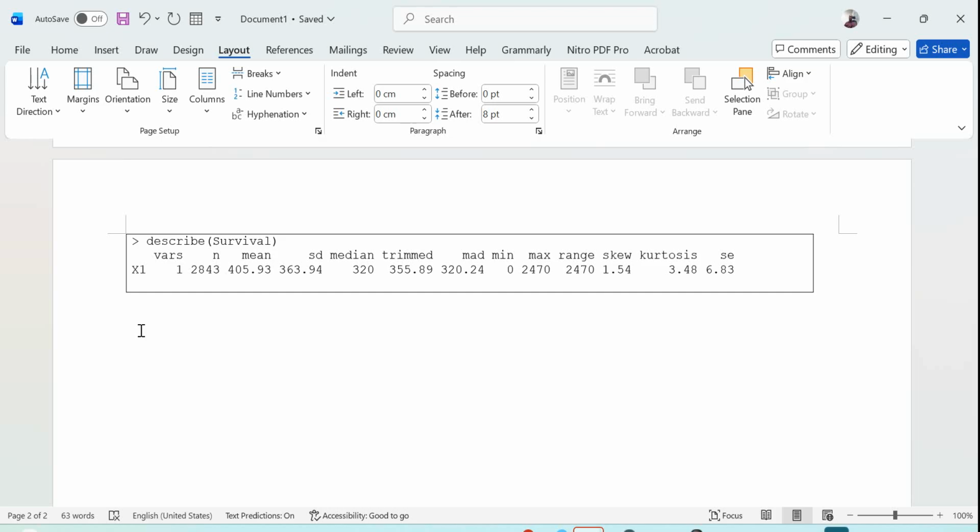So for example, I can say that the minimum value of 0, minimum survival time of 0, indicates that some of the patients died on the same day they were diagnosed with AIDS.